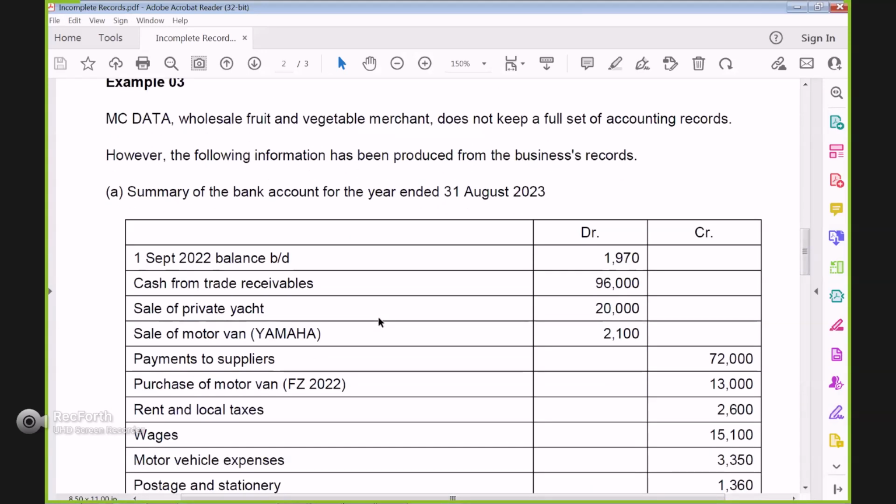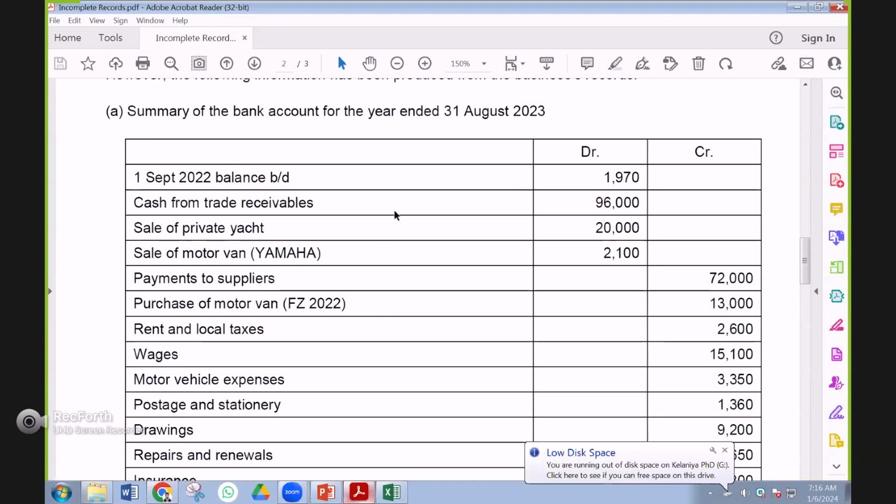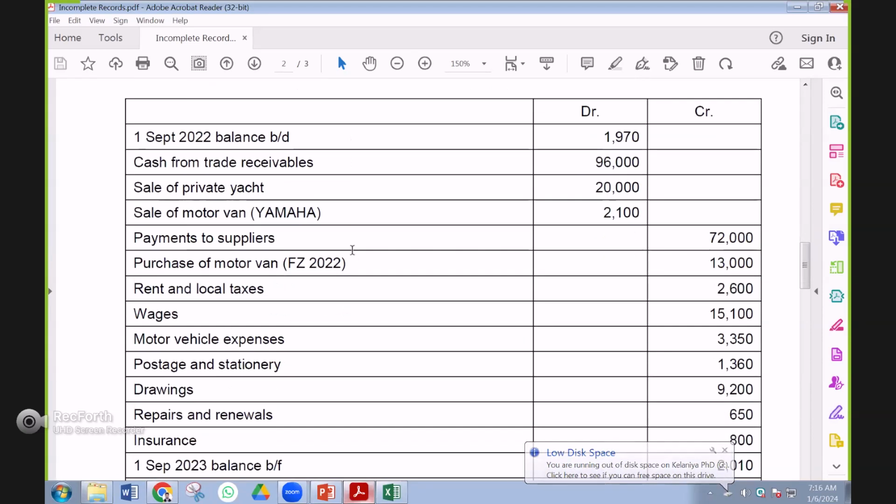MC data, wholesale fruit and vegetable merchant, does not keep a full set of account records. So they didn't have the full set of records. Okay? However, the following information has been produced from the business records. So when analyzing the business records, we can receive something. The bank account is given. So the bank transactions are given.